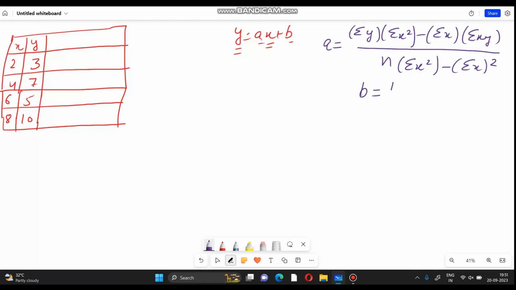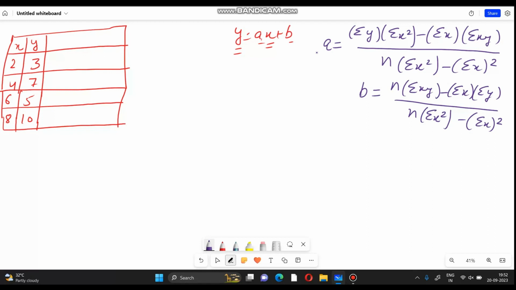The formula for b is n times sigma xy minus sigma x times sigma y, and in the denominator we have n times sigma x square minus sigma x the whole square. So these are the formulas to calculate a and b.